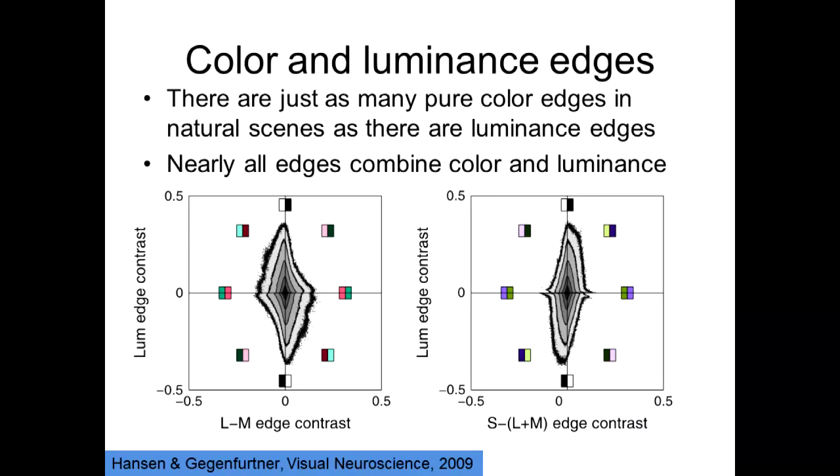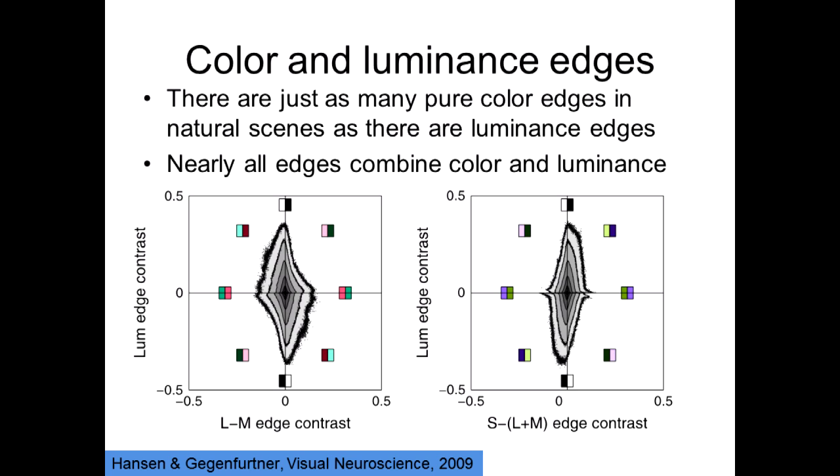So here you see this joint histogram over all images for the red-green and luminance and for blue-yellow and luminance. And you can see that nearly all of the edges have luminance and chromatic information combined. And there are very few that are purely isoluminant or purely on the black and white or grayscale axis.